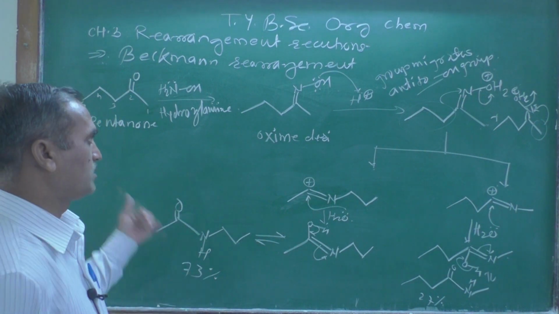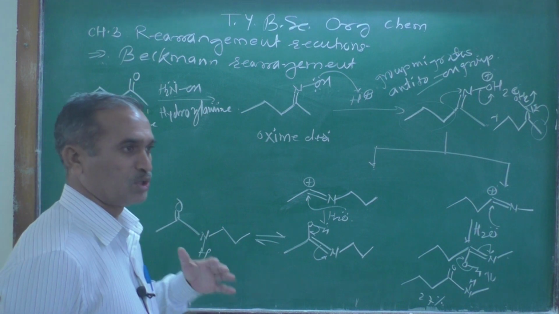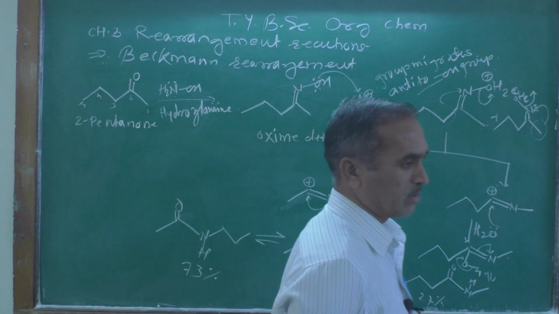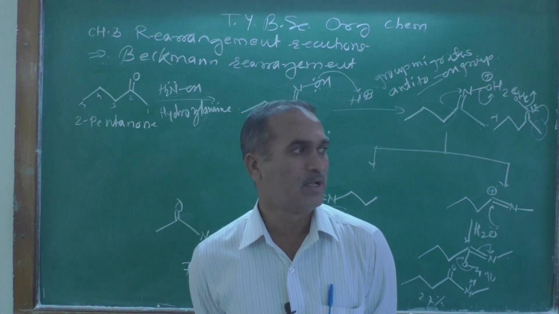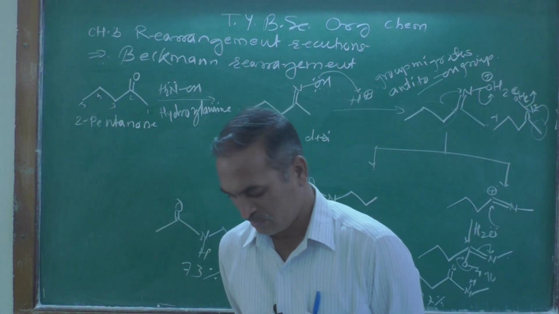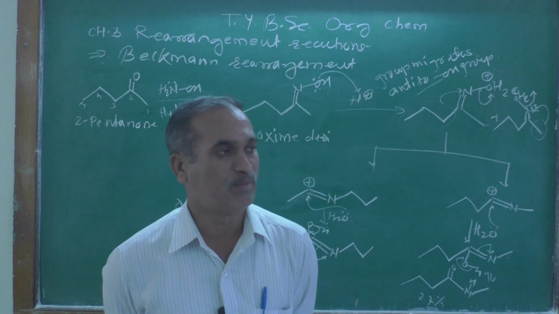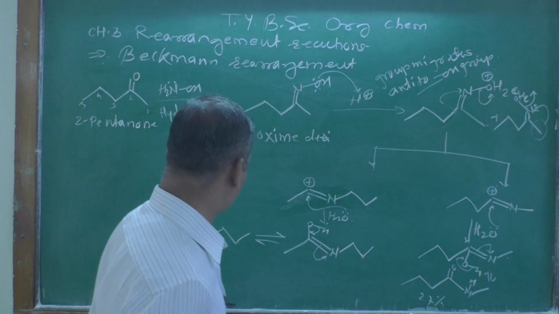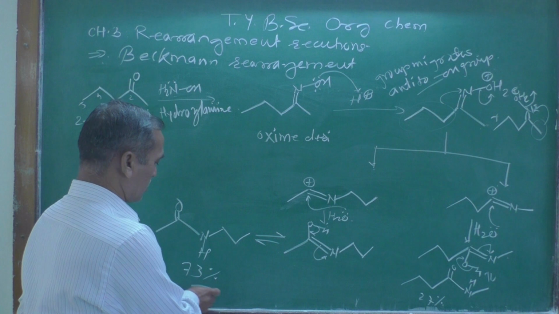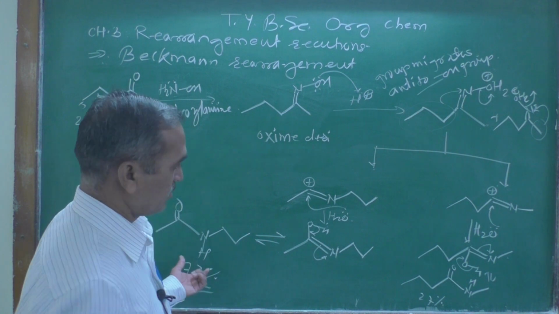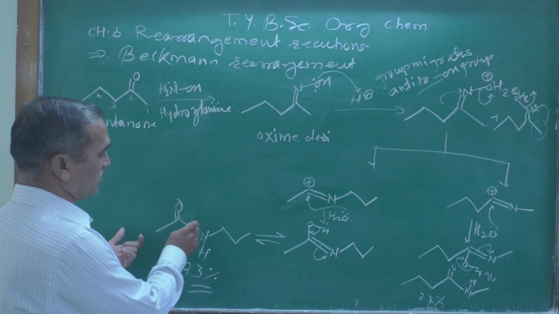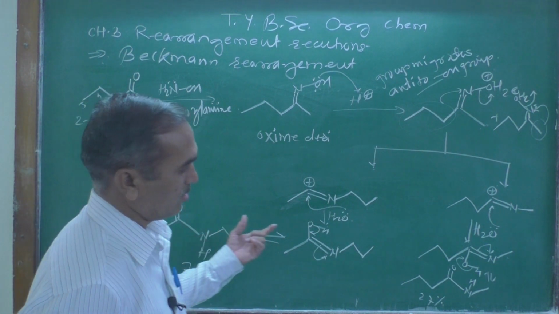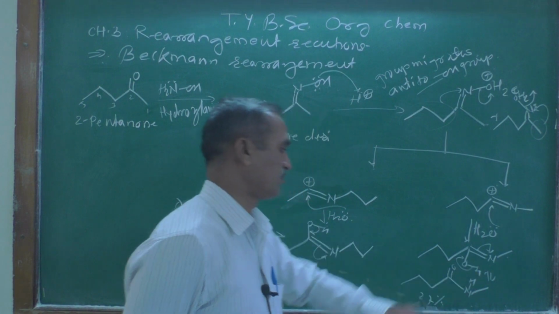You can clearly see there is formation of a mixture of two products, and when two products are obtained there is always competition between them. One is major while the other is minor. So here you can clearly see 73% of this N-acetyl type of amide is obtained over here, and here is this one.